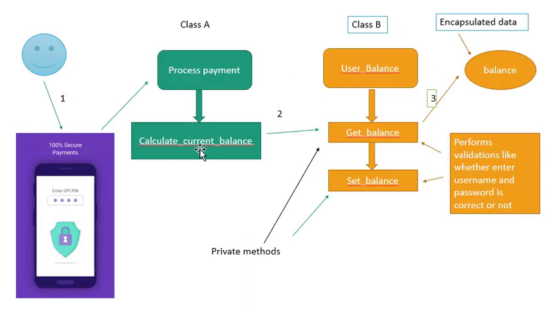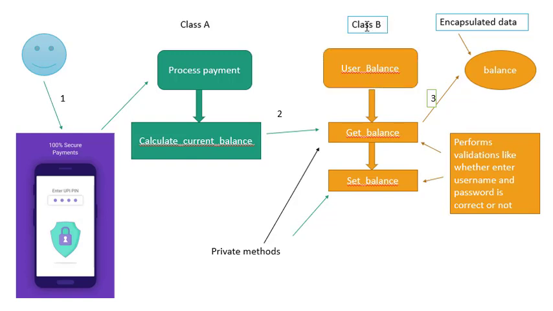This is how we get it. The calculate current balance method calls another method, get balance. These are the private methods which belong to this class, say UserBalance.